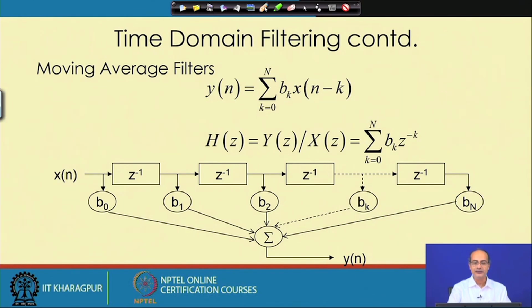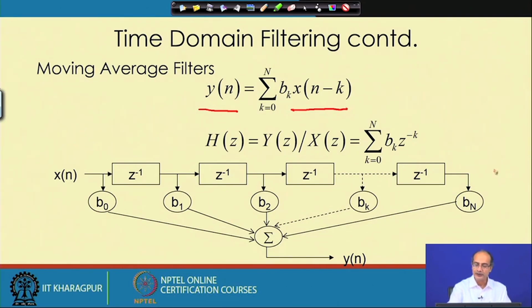Here we show a simple form, where the output y n is made out of the addition of the present signal and past few samples of the signal, and we have used a weighted average.